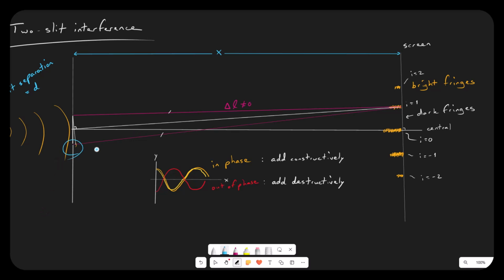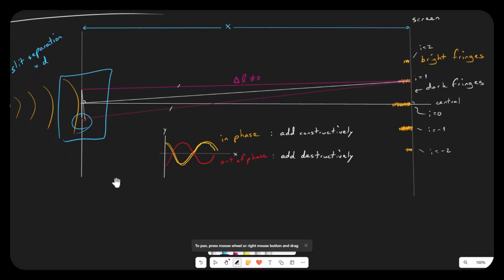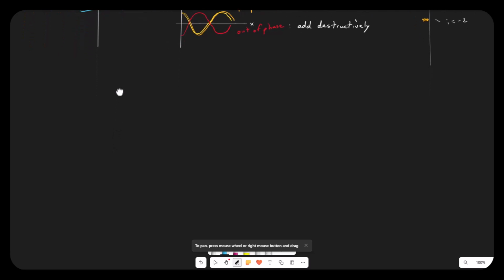So I'm going to take this whole region and blow it up a little bit. We will come back to what's going on out here, but I just want to look inside this blue box. So inside this blue box, I have a space like this, and I have my separation distance.